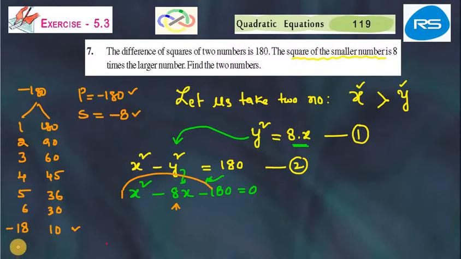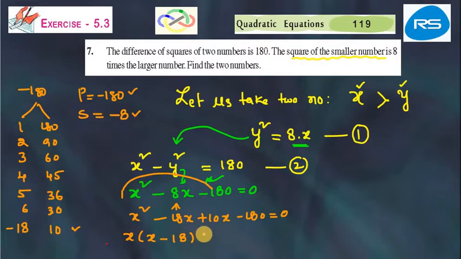I am using these. So we get x square minus 18x plus 10x minus 180 is equal to 0. In the first two terms, if I take x common, x minus 18, and if I take 10 common from the next two, x minus 18, is equal to 0.